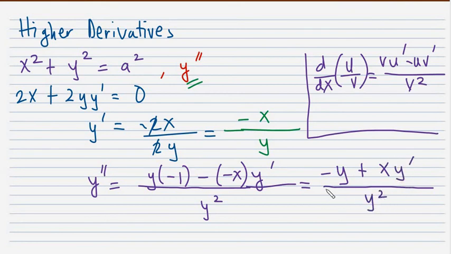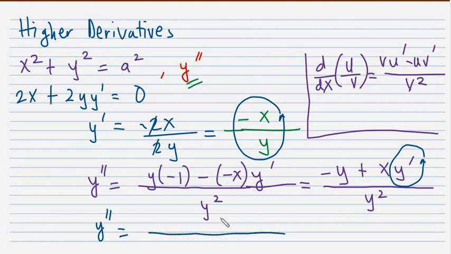That is not yet the final answer. Although we are done with the differentiation part, we can simplify this by substituting y prime with negative x over y. So y double prime will now become negative y plus x times negative x over y, all over y squared.